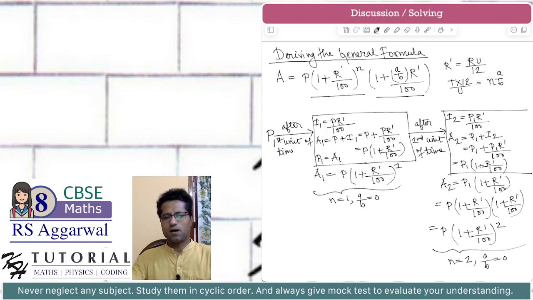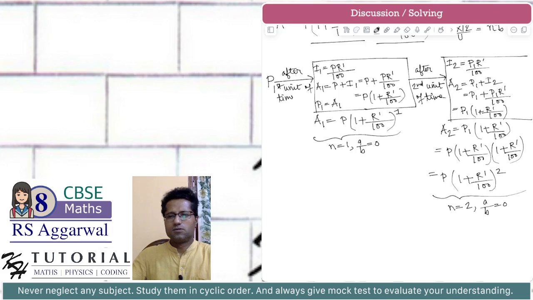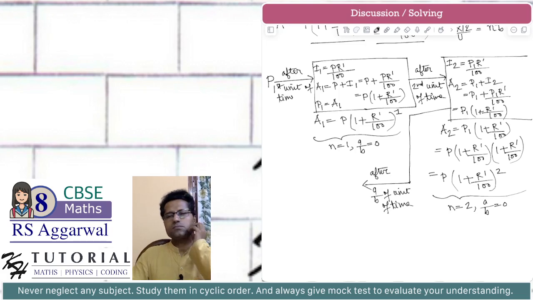Let's say not after a complete unit of time, but after a by b part, or a by b fraction, of a unit of time, we have to calculate the last interest.